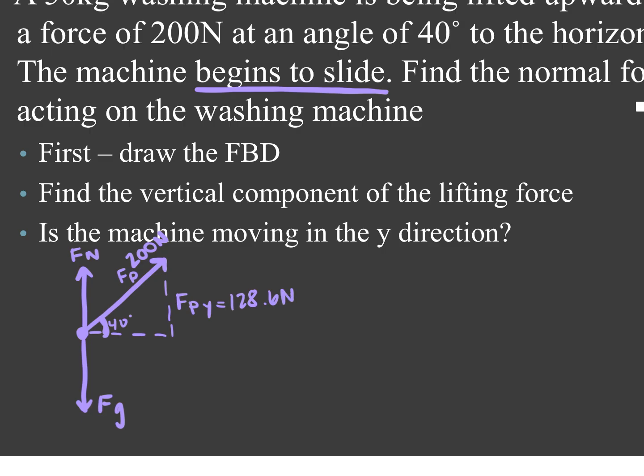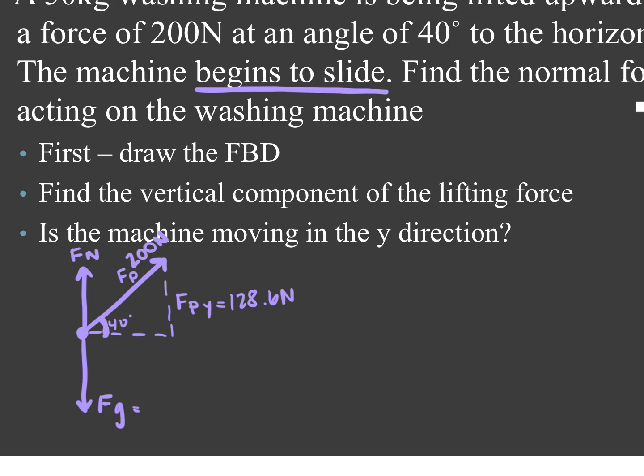So let's go ahead and, can I solve for my FG right now? Remind me, how do I find the weight of my object? How do I find FG? We wrote that on our equation sheet. Mass times gravity.